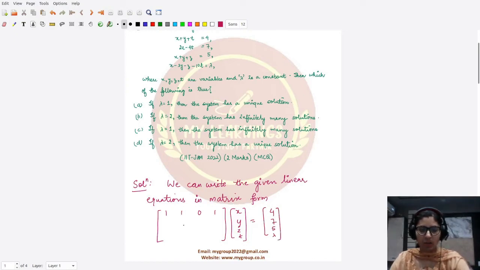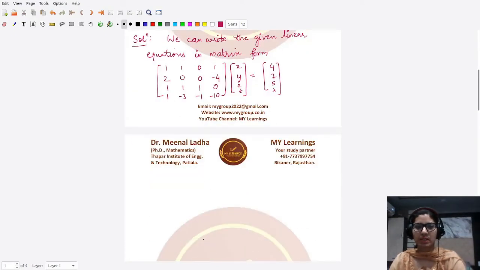For the second equation, the coefficient of x is 2, y is 0, z is 0, for t it is -4. For the third equation, the coefficient of x is 1, y is 1, z is 1, t is 0, and for the last equation, the coefficients are 1, -3, -1 and -10. So this is the matrix in the given form.